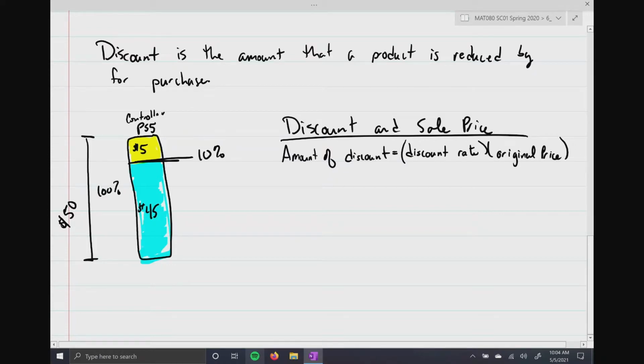Okay? And then the sale price is going to equal the original price minus the discount.